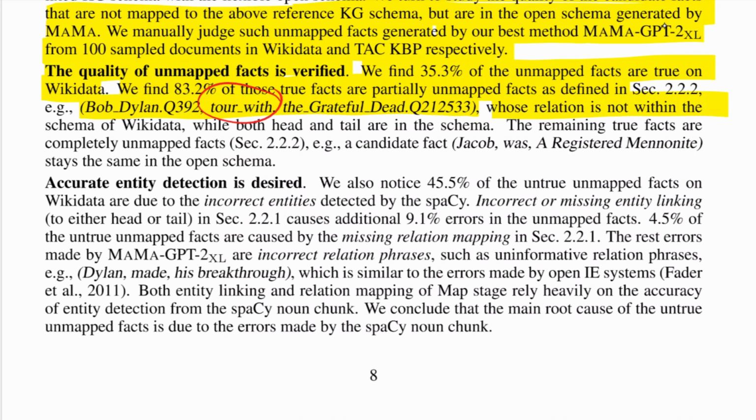Whose relation is not within the schema of Wikidata, while both head and tail are in the schema. The remaining true facts are completely unmapped facts. For example, this Jacob was a registered Mennonite.